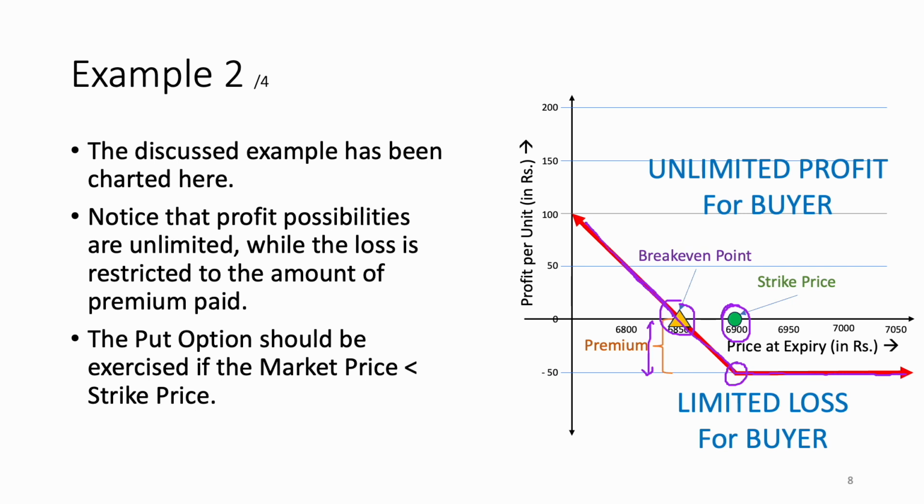So the loss is limited for the buyer. So you notice in this scenario that the buyer has unlimited profit from this particular put option. However, he has limited loss from this put option. The reverse is true for the seller. The seller has unlimited loss from the put option, but limited profit from the put option.